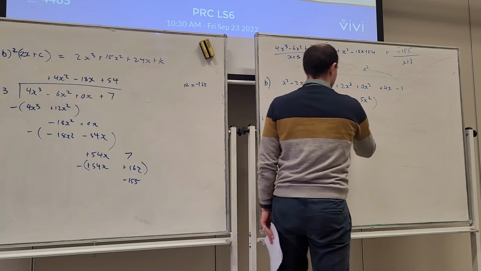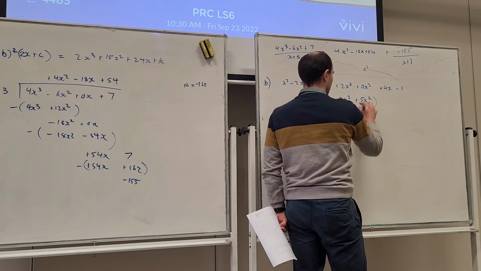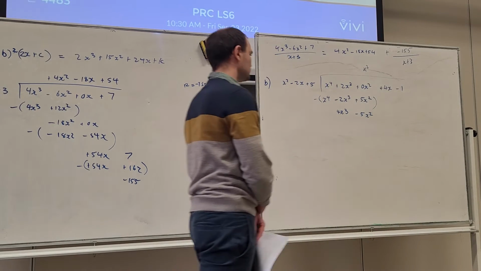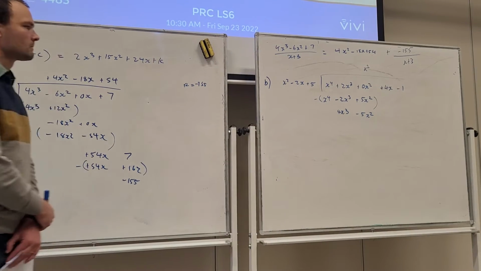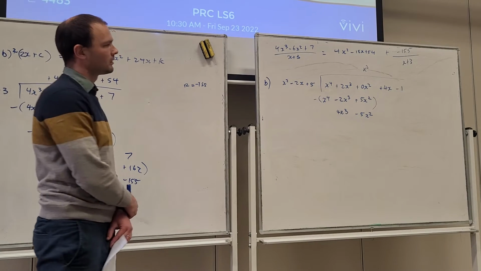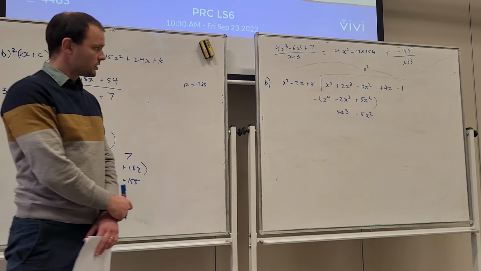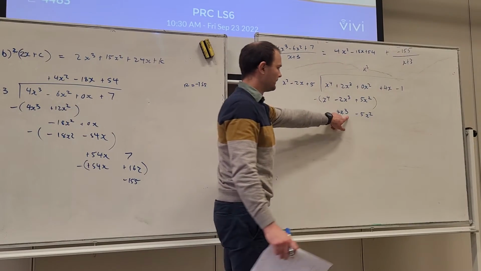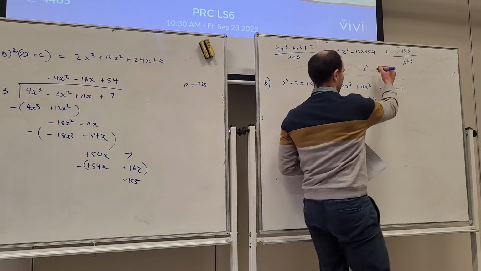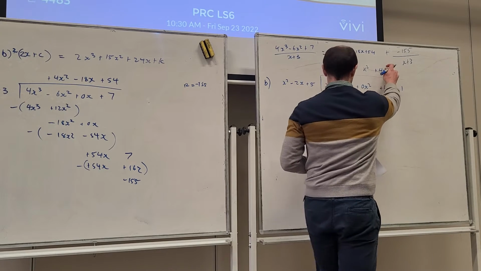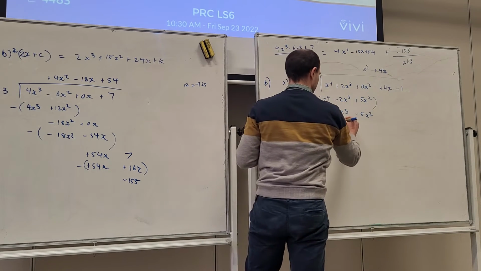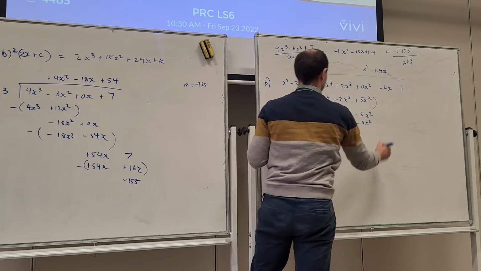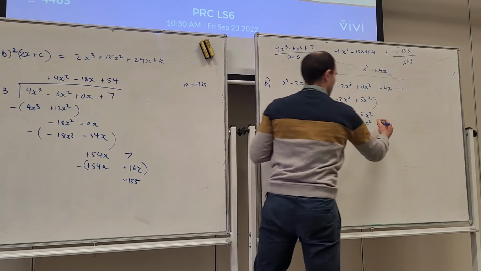So 2 take 1 is positive 4. So our next question, what do we multiply x squared by to get 4x to the 3 plus 4x? So 4x times x squared, 4x times minus 2x, 4x times 5.